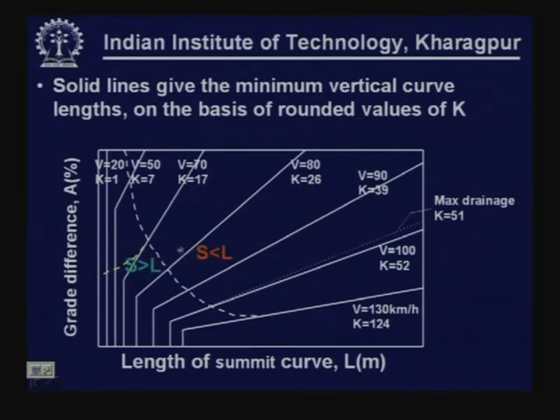You can see these are basically straight line equations. For every percentage change in grade, the length of the curve, or k value, can be obtained very easily, because on the right side of this dotted line these are essentially straight lines.